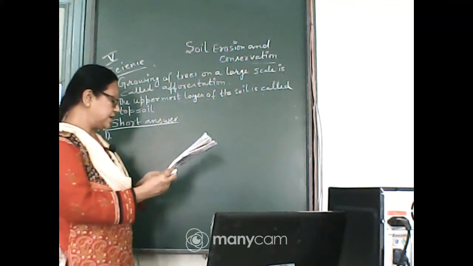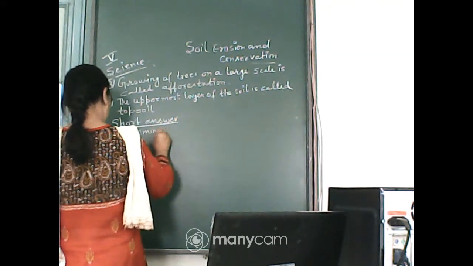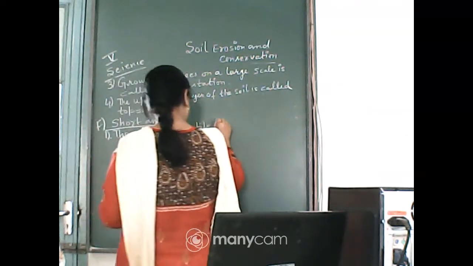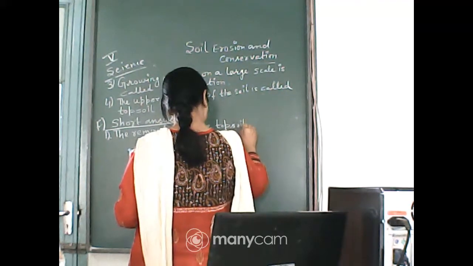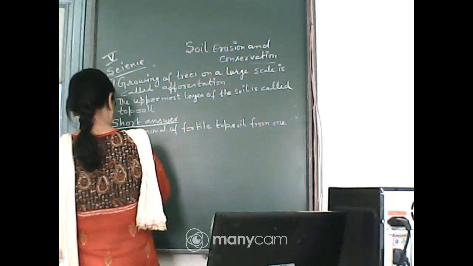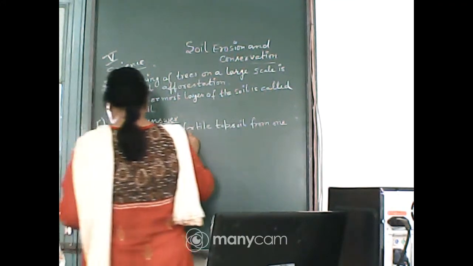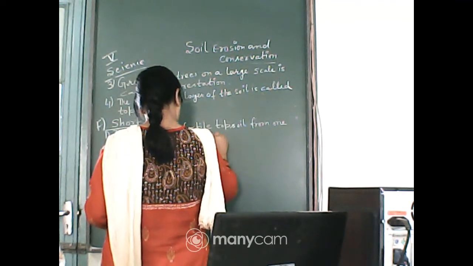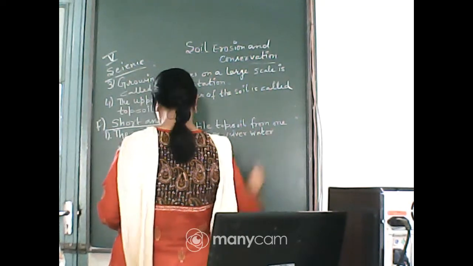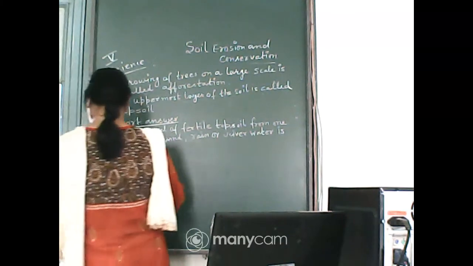So what is soil erosion? The removal of fertile topsoil from one region by wind, rain, or river water is called soil erosion.